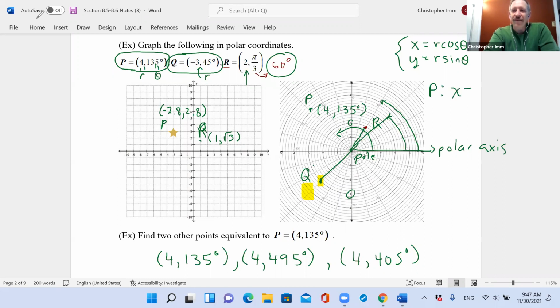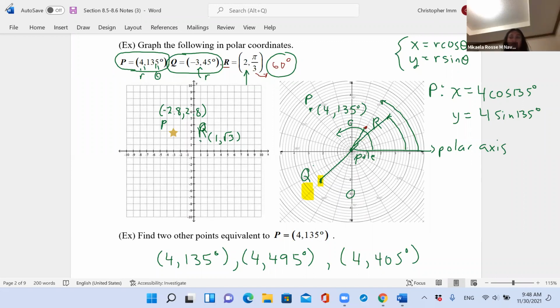So if they plug in, the coordinates would be 4 cosine 135 degrees and 4 sine 135 degrees. So Michaela, what is cosine of 135 degrees? Negative √2/2. Yes, it is.